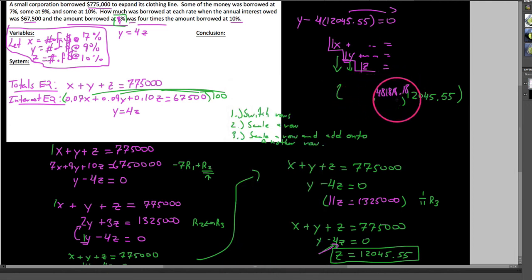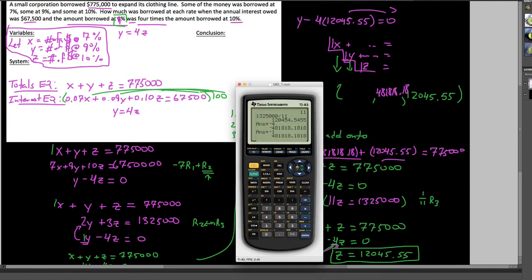And then the last thing we'd want to do is go plug these back into the initial equation, which was x plus y plus z. So we'll put this in for y, plus z, which is 120,454.55 here. And that came out to be 775,000. So by putting these two numbers together, I'm just going to grab my calculator here.